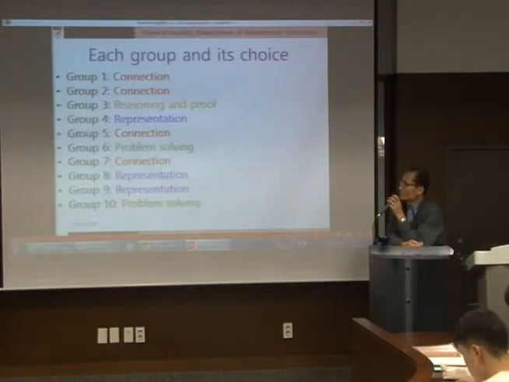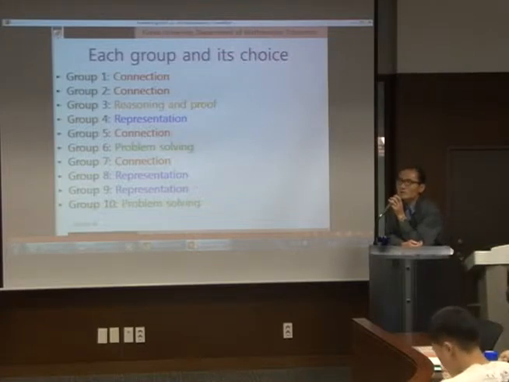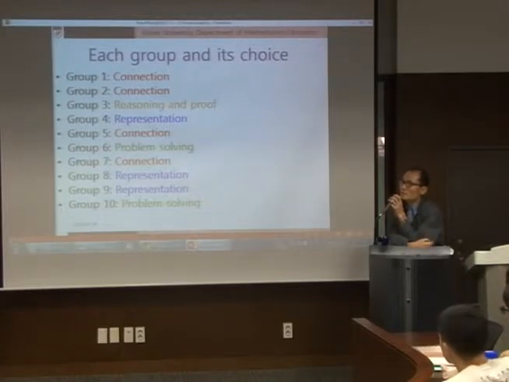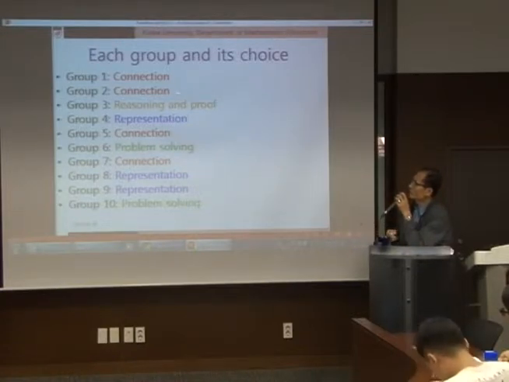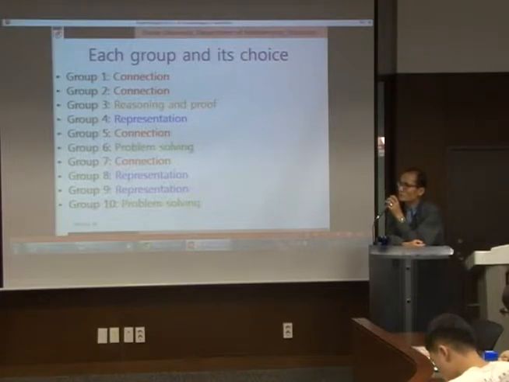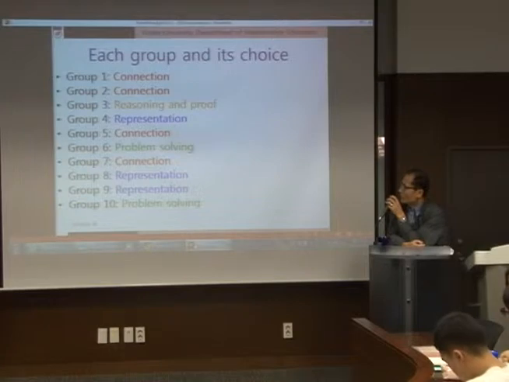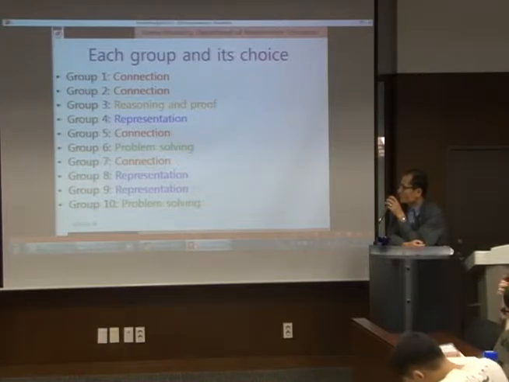In addition to the 5 processes, we investigated in depth what these 5 processes exactly mean based on the NCTM standard. As you can see, groups 1, 2, 5, and 7 worked on connection. Groups 4, 8, 9 investigated representation, and the other 3 groups problem solving as well as reasoning and proof.